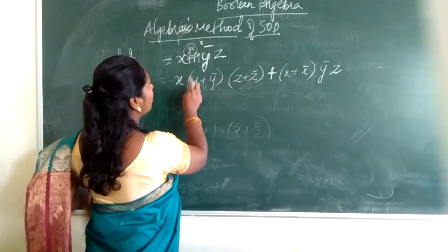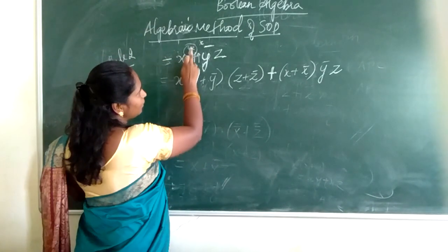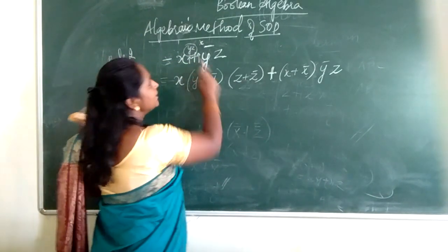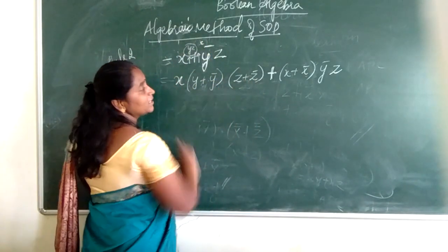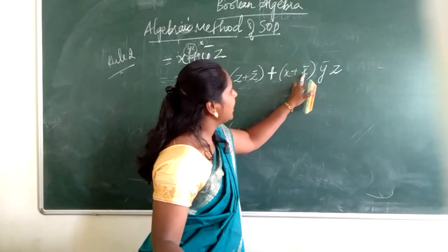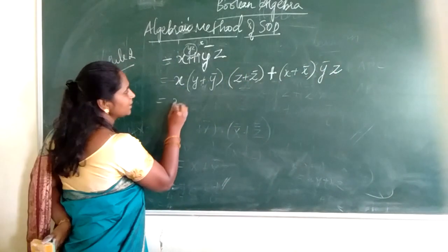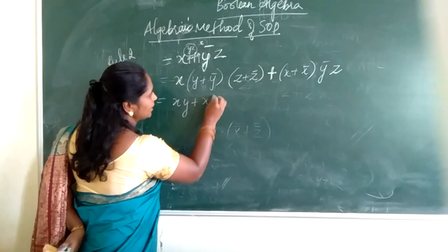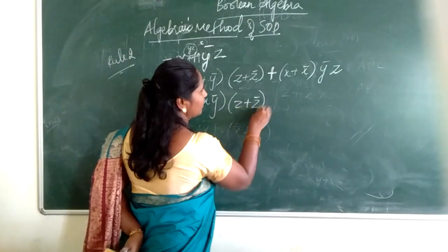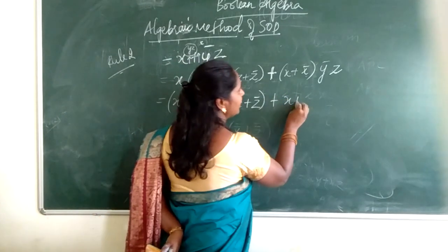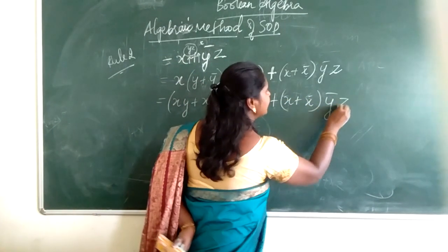So here yz is missing, so I am placing y plus y complement. Z is missing, z plus z complement. Here only x is missing, so I am writing x plus x bar into y bar z. Next just multiply: xy plus xy bar into z plus z bar. Here as it is, write x plus x bar into y bar z.